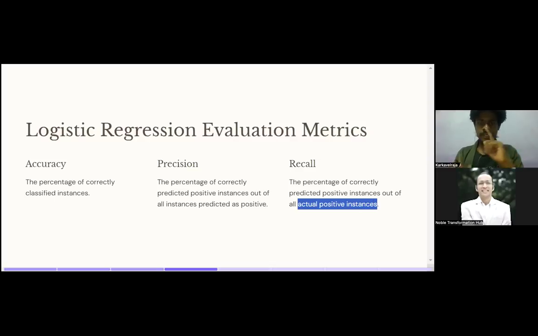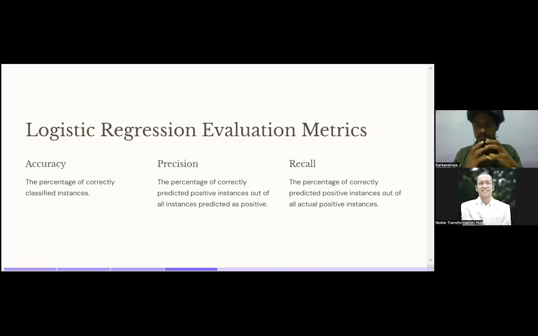Recall relies on the entire data set, precision relies only on the predicted positives, whereas accuracy takes care of all the instances. Hope you have understood this.